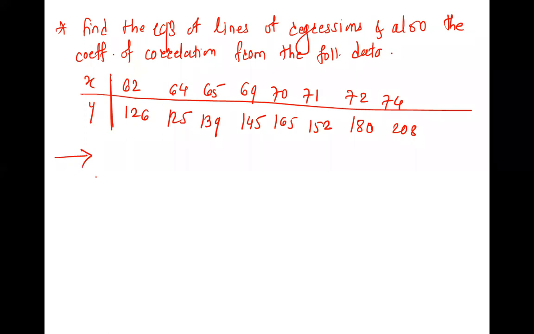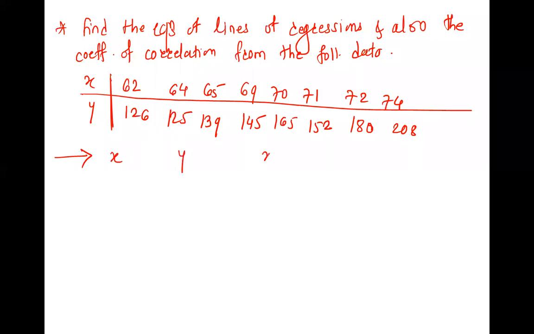Is the question clear to all? Find the equations of lines of regression. Two lines. First Y on X and X on Y, both the lines and the correlation coefficient also. So we go with the correlation coefficient first and then accordingly we can find the regression equations.